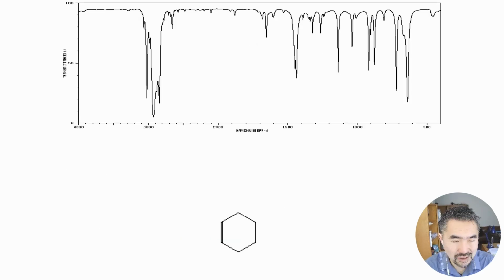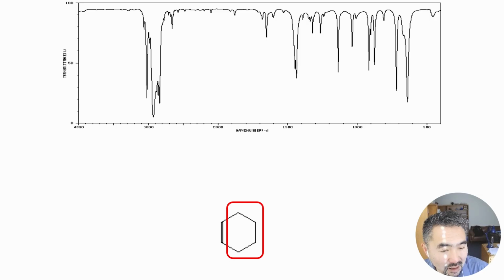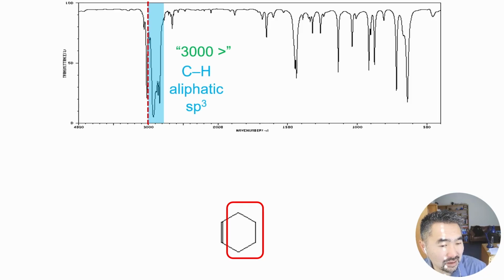Now, I do want to show you what a less textbook, real-life spectrum looks like. The top is the textbook spectrum of cyclohexene. I noticed the olefin there, right? But on the other half, we have a bunch of sp3 CHs. So remember we said it's a good idea to draw a line at 3000. To the right, we have some bands, so that tells us that's aliphatic sp3.